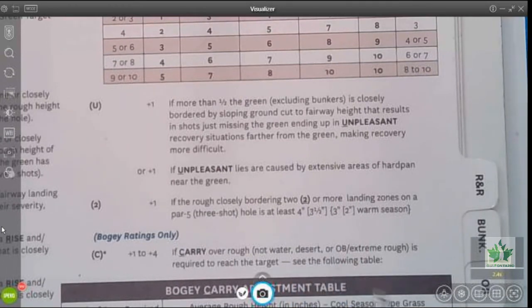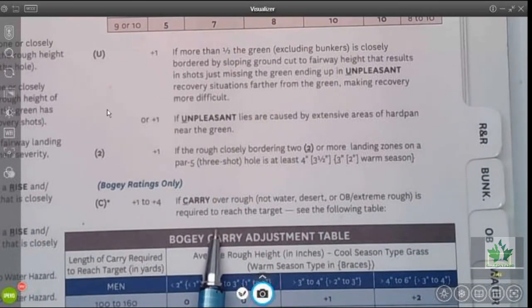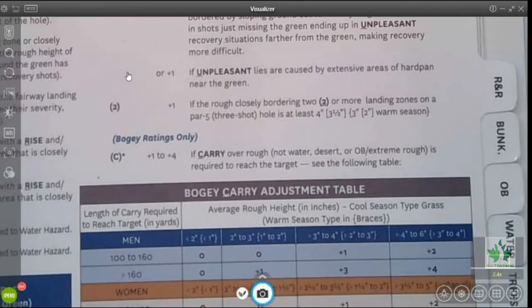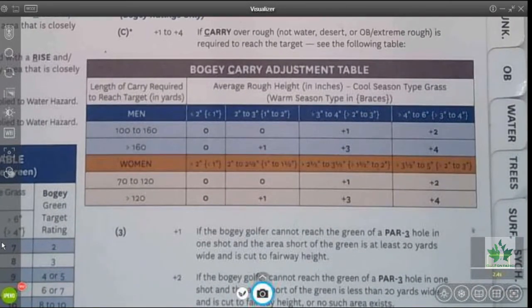This is one that comes up all the time, and that is the bogey carry adjustment. It's meant to account for the difficulty encountered by the bogey golfer off the tee, where the course superintendent has decided to contour the fairways, and the fairways don't start right in front of the tee.